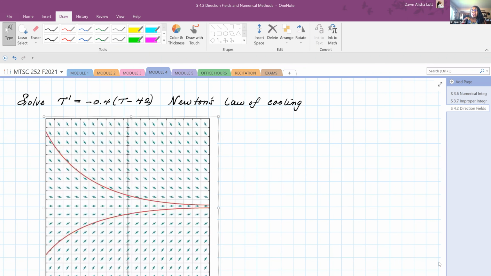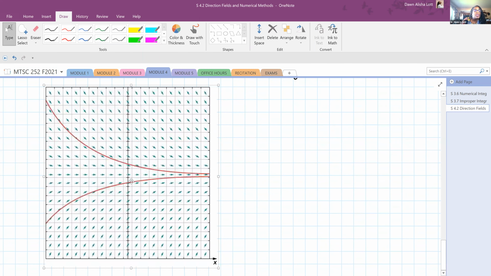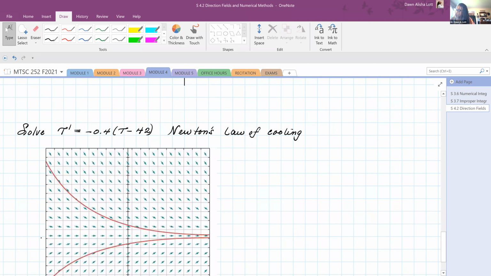Notice, let's choose a value. Right here is the line where it is straight. What is that line? If I set the slope equal to 0, T prime equal to 0, then I get negative 0.4 times (T minus 42) equals 0.